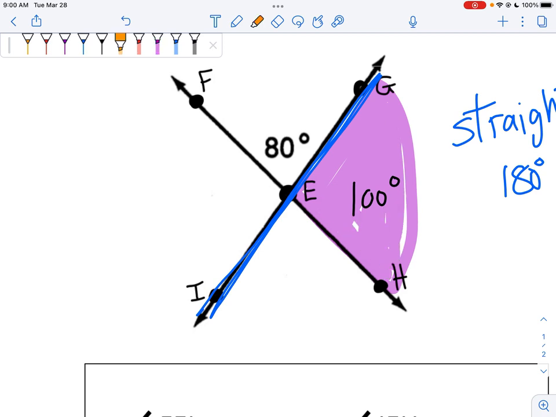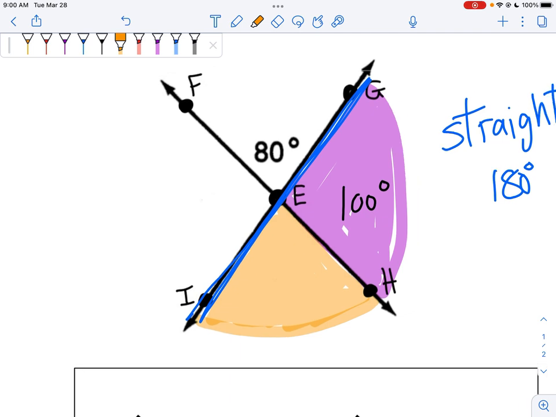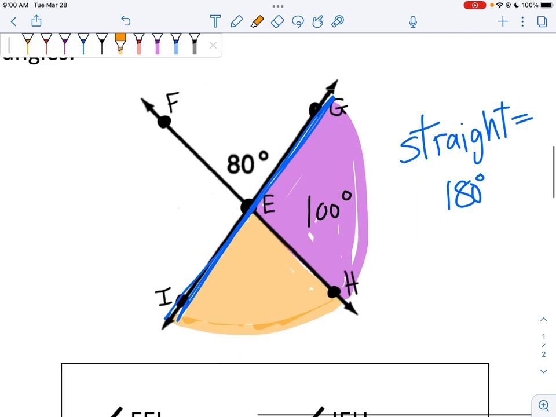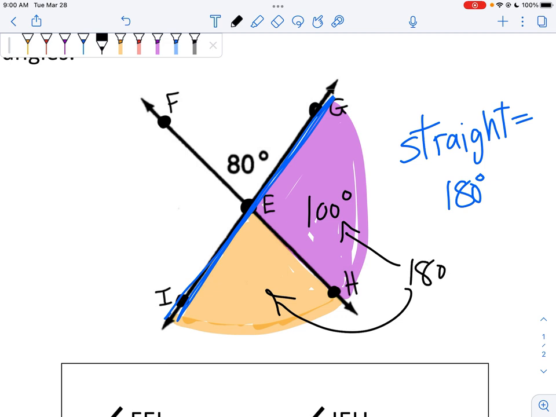And then here's the second one. So you need to figure out how much the gold one is. Do you see that they're still connected by that blue straight line? That means that these two together equal 180 degrees. So 100 plus the gold equals 180.